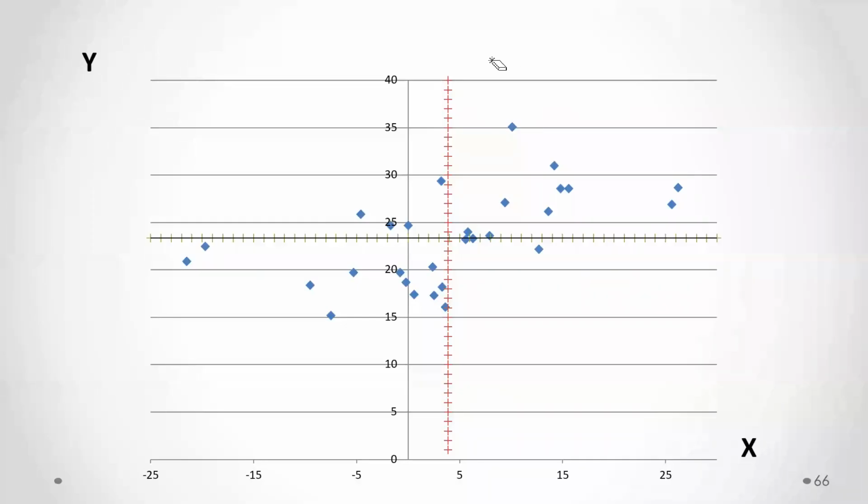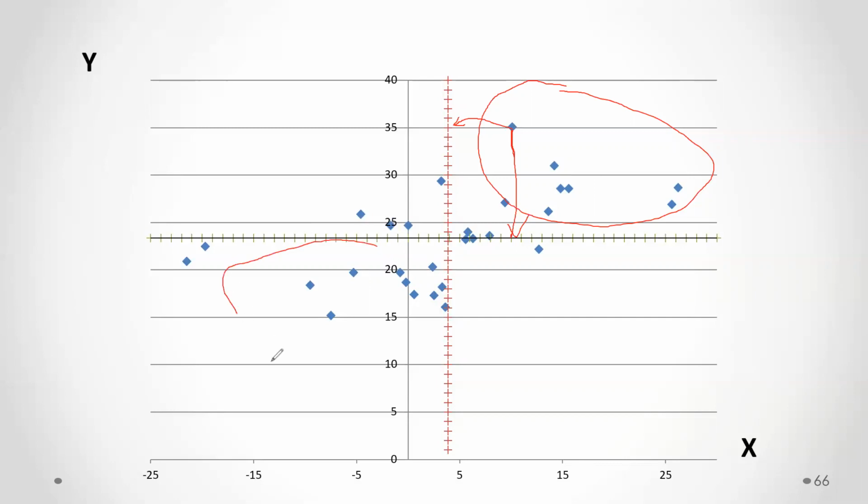Okay, let's continue. So for the first quadrant, or this area, the characteristic is when x outperforms its average, y also outperforms its average. So what does this mean? This means in this area, x and y tend to move in the same direction.